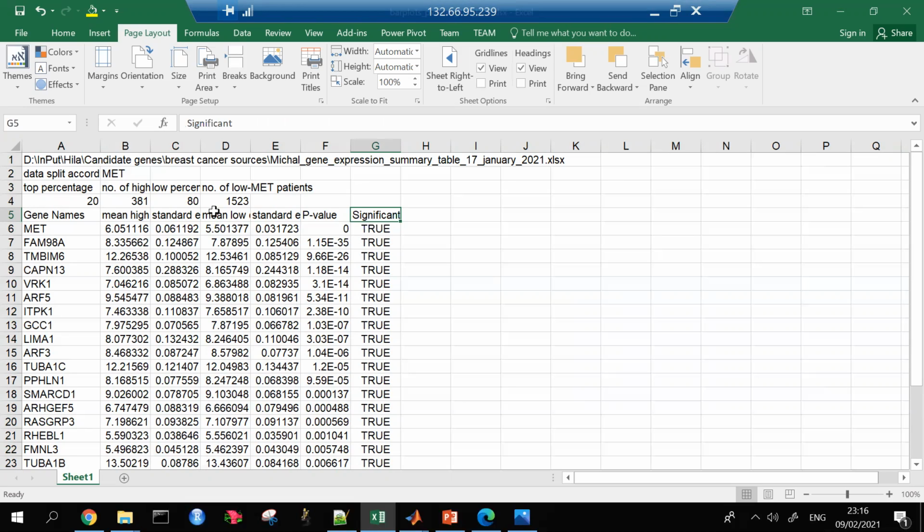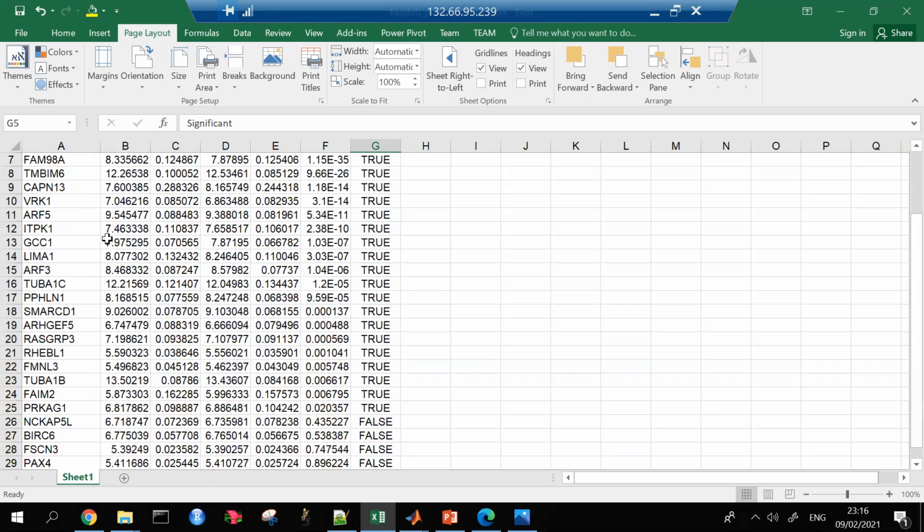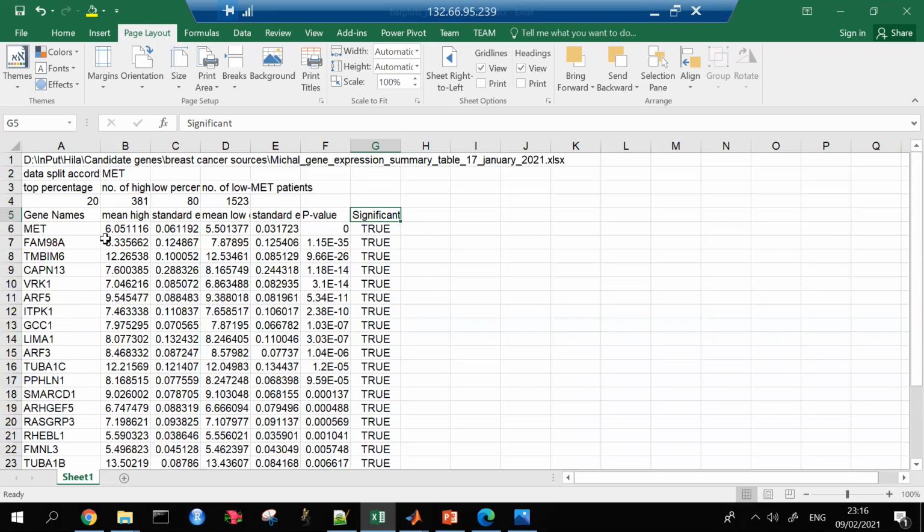The results are considered significant if they are smaller than 0.05.